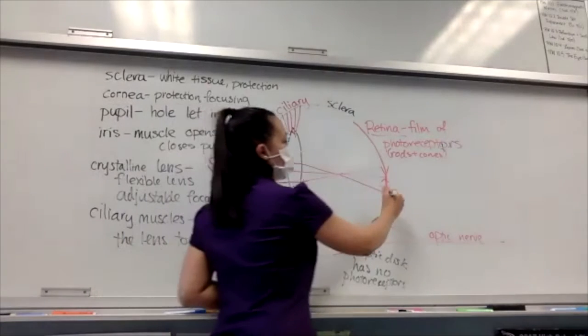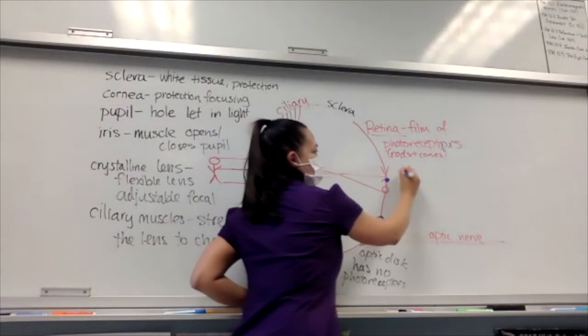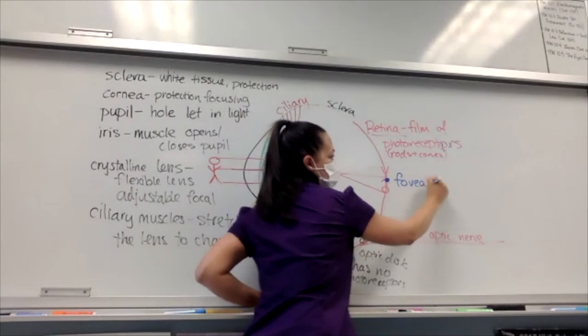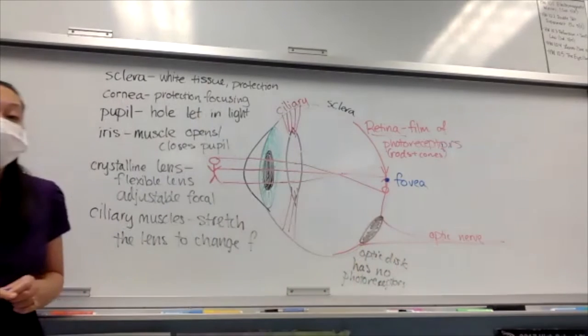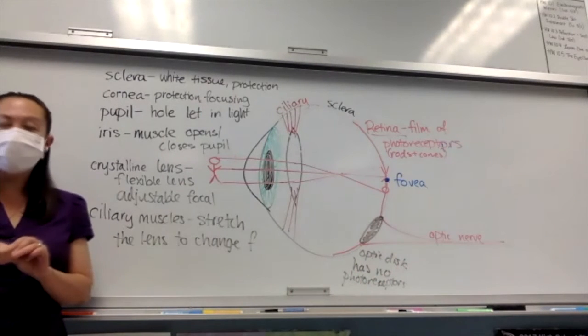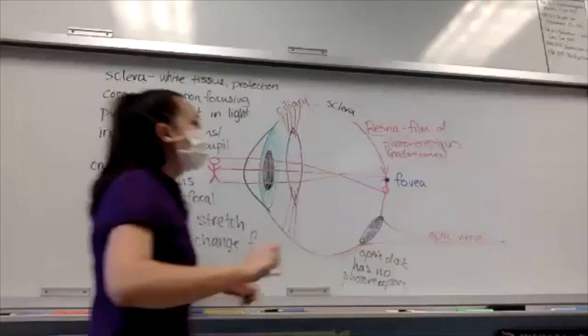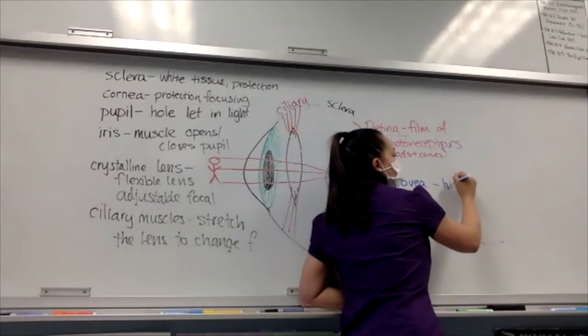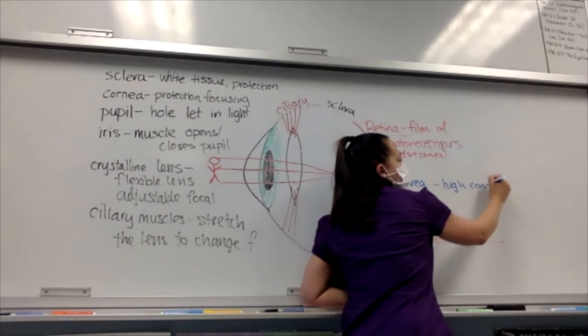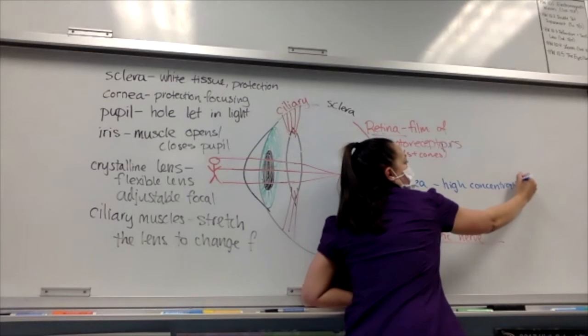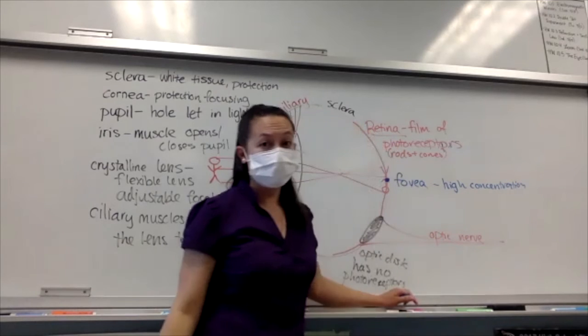The last one is the fovea. And the fovea is a special spot on the retina that has a super high concentration of cone cells. The fovea has a high concentration of photoreceptors, and that's where our vision is most sensitive.